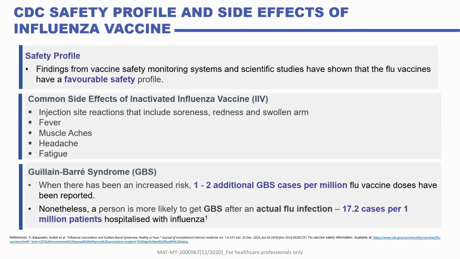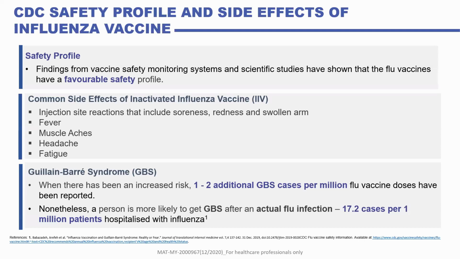And for influenza vaccine, because of the many years of experience in influenza vaccine production, we know that so far the vaccines produced are very safe, right? And scientific studies have shown that they also have a very favorable safety profile.